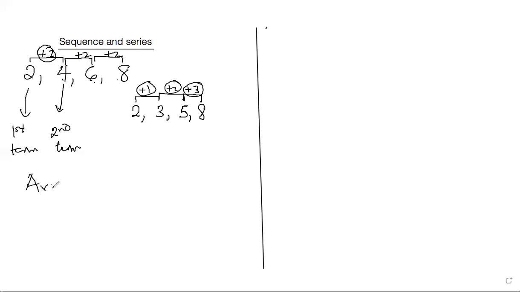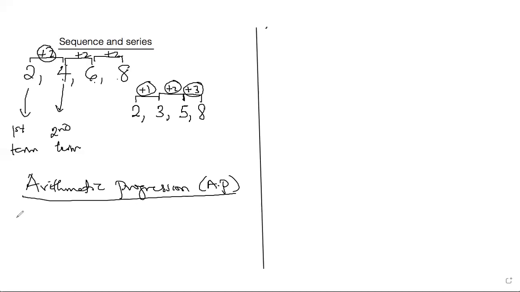So arithmetic progression, called AP. You have arithmetic progression when there's a common difference in the sequence.